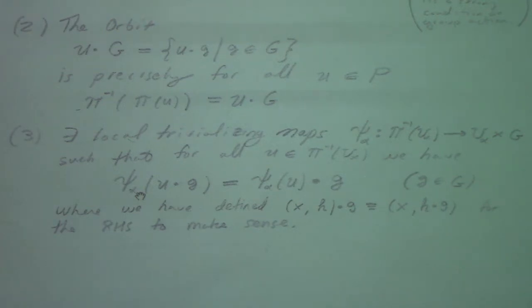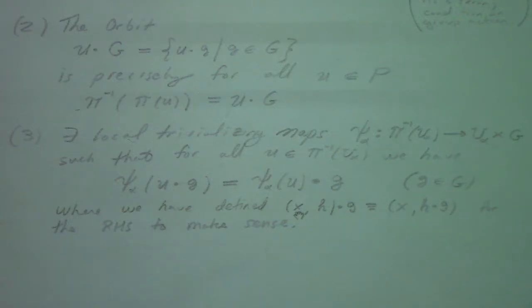Now here, the local trivializing maps respect something about that group action on the fiber that we're talking about. In particular, psi alpha of u dot g equals psi alpha of u dot g, where the right-hand side is an action of the group on the trivializing space, U alpha cross G, which is to be defined right here.